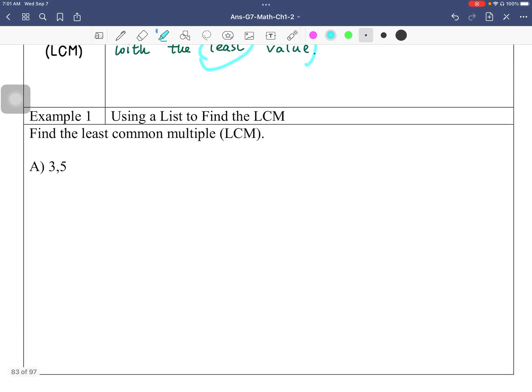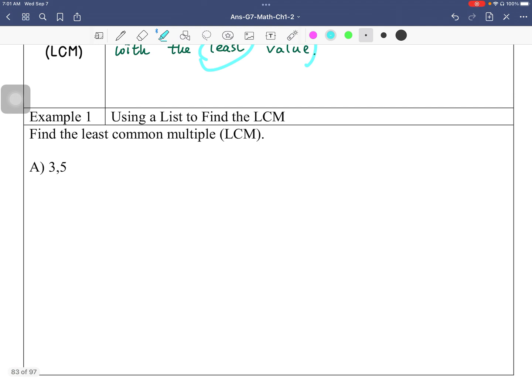So now I want to learn how to use a list to find a common multiple, but later we actually use steps to find it, so that's easier.